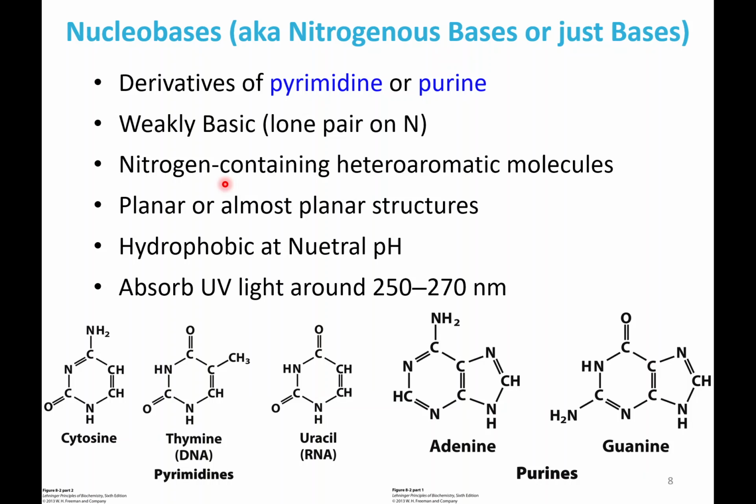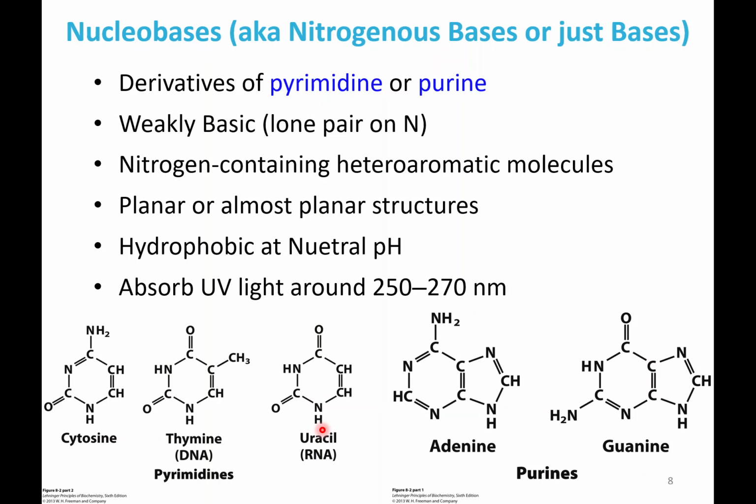They're fairly planar. You can think of them as being planar structures. Hydrophobic at neutral pH. And another thing about them that's important, at least in a laboratory setting, is that they do absorb UV light. Somewhere between 250 and 270 nanometers is kind of their maximum absorbance of UV light.